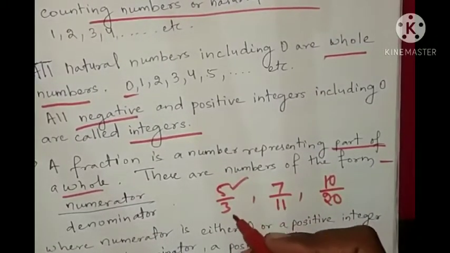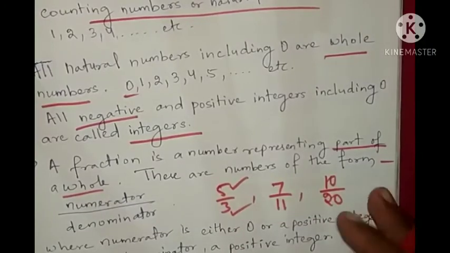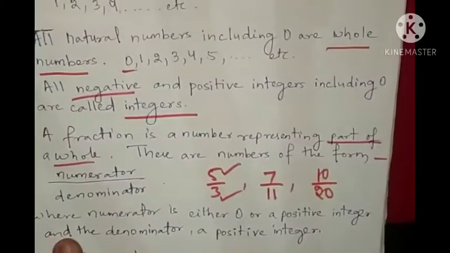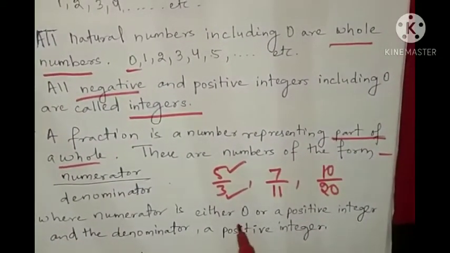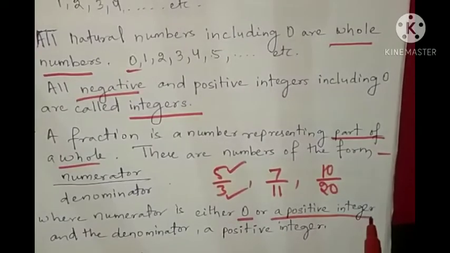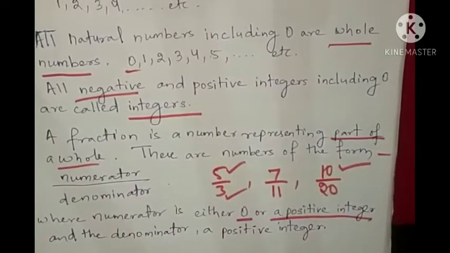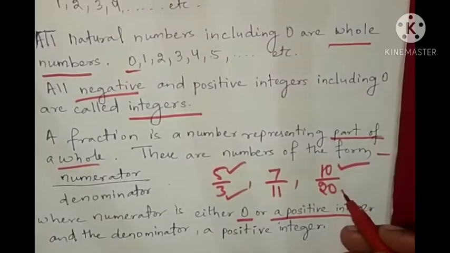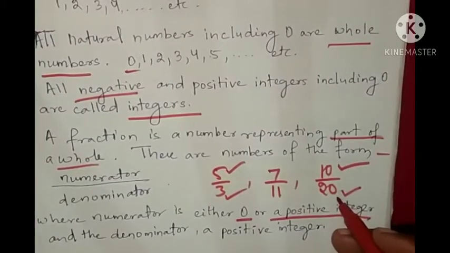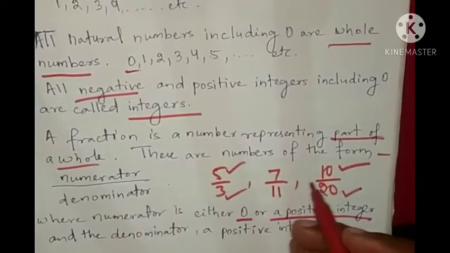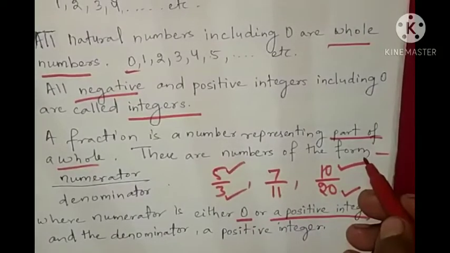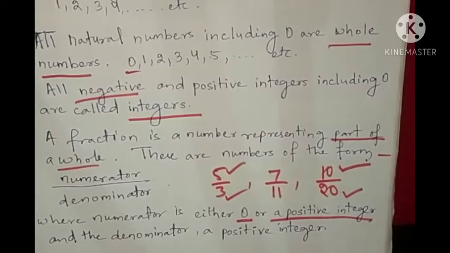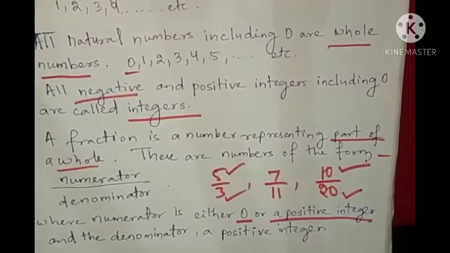Above is the numerator and below is the denominator. In a fraction, the numerator is either 0 or a positive integer, and the denominator is a positive integer. It is never 0.